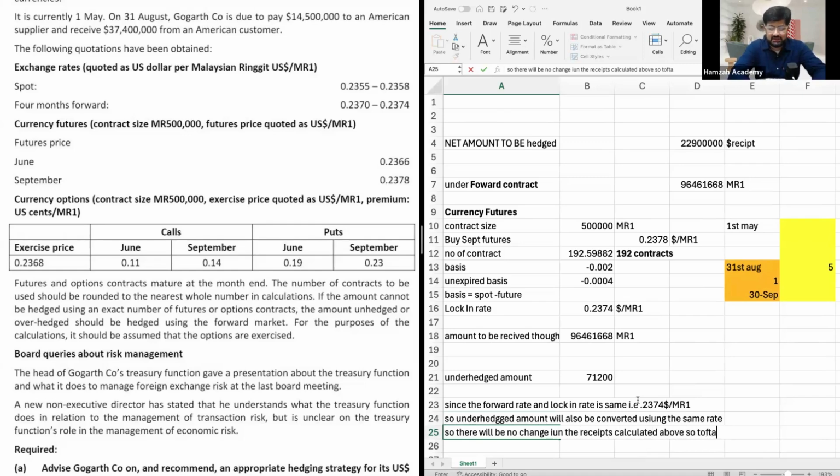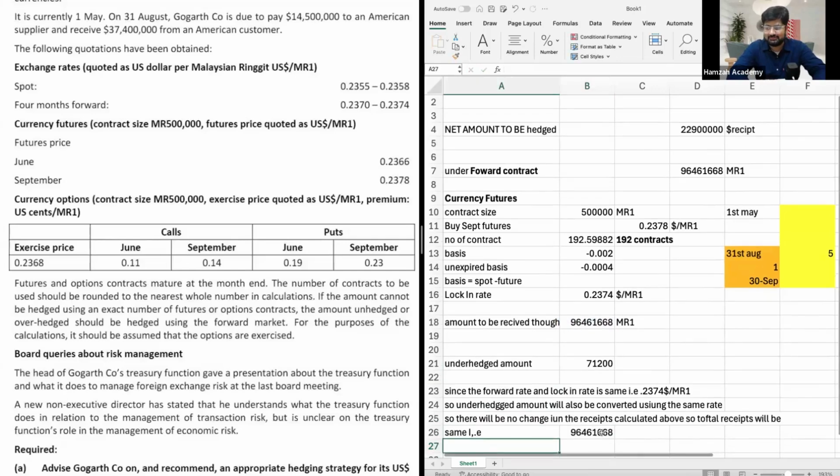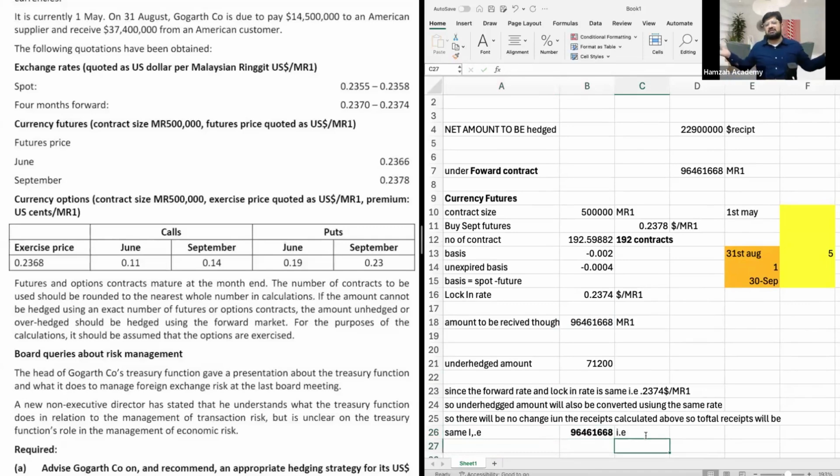The total receipts will be the same, because the rate is the same. The whole amount will be converted at this rate.